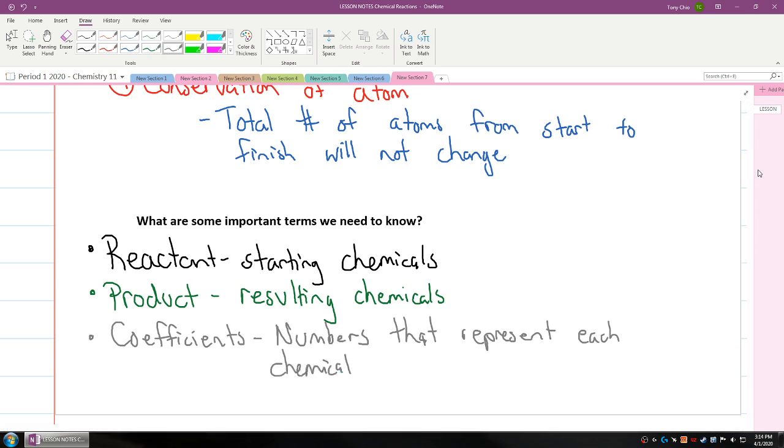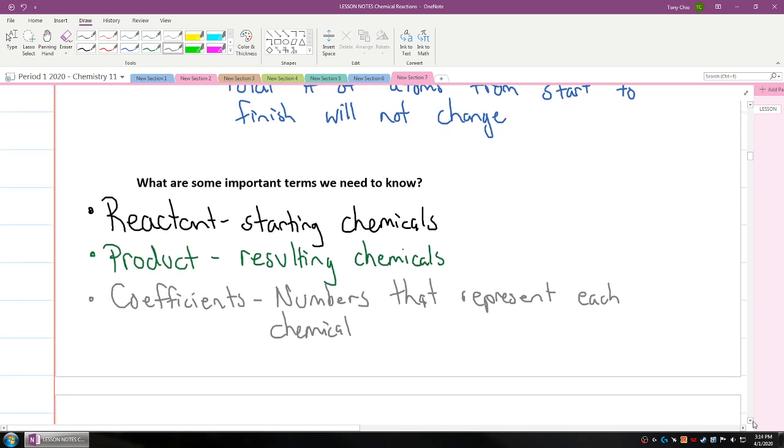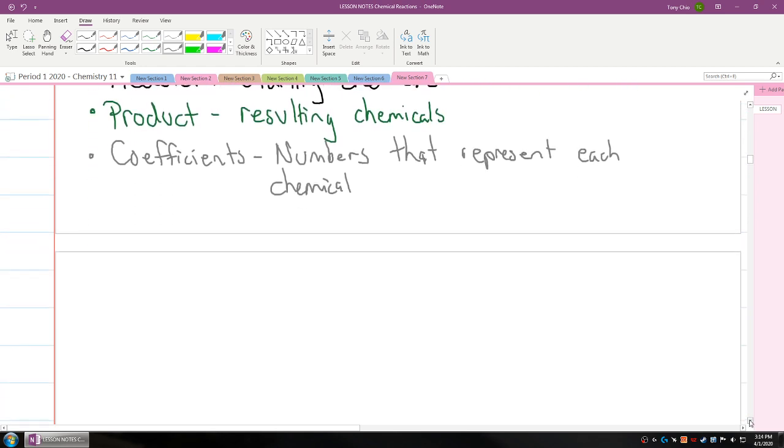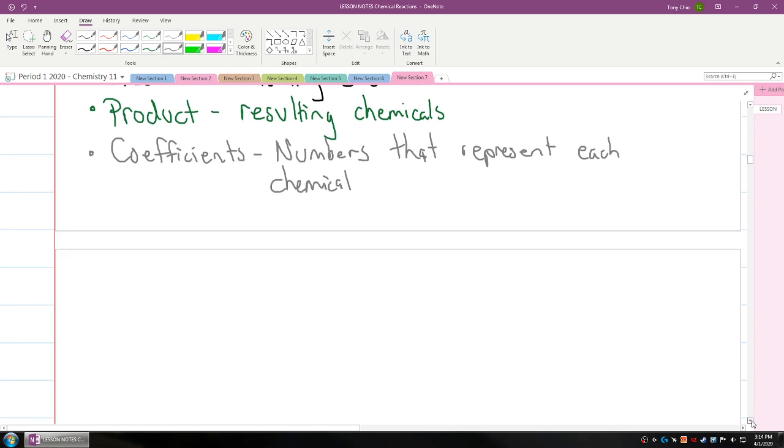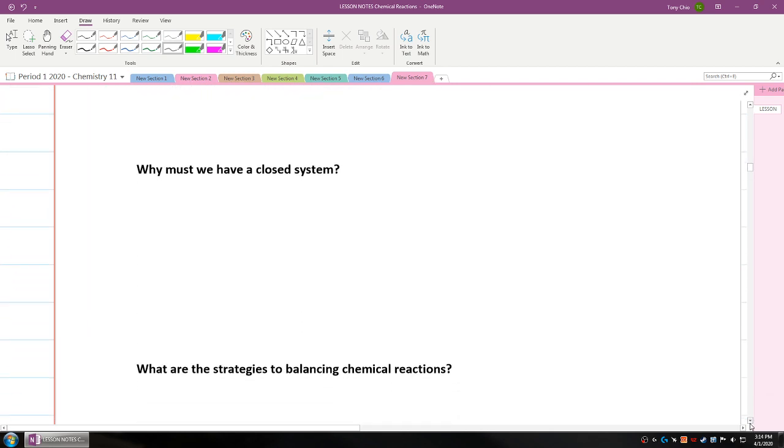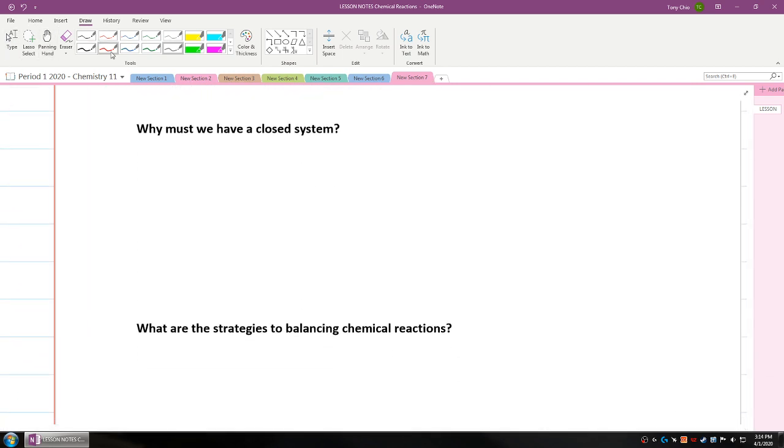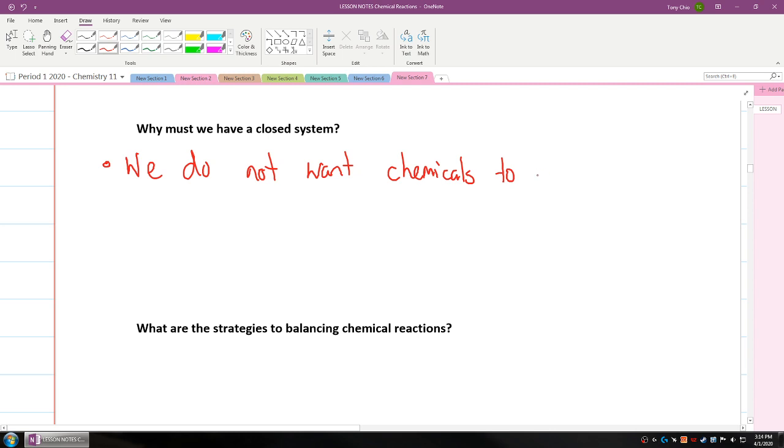So we have these different terms that I'm going to use quite a lot in this lesson. Now, if you will flip the page, why must we have a closed system? Well, we talked about this earlier. We do not want chemicals to enter or escape your reaction.